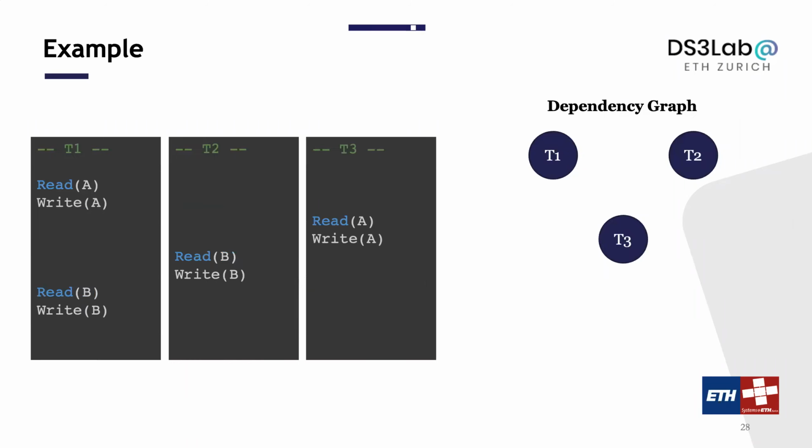Okay, so let's try something a little bit harder. We have three transactions here: T1, T2, T3. Is this schedule conflict serializable? Let's try to find all the conflicts. We have write A in T1 against read A and write A in T3, so I introduce one edge in the graph from T1 to T3.